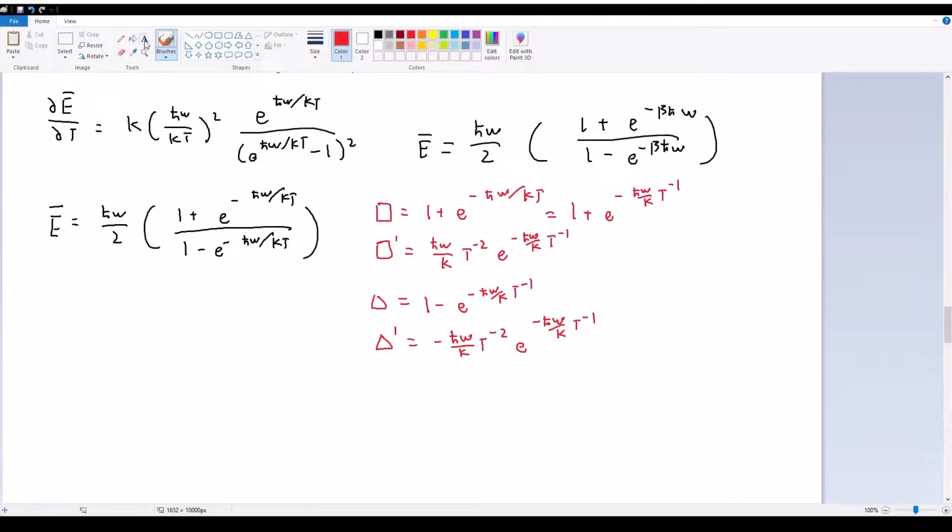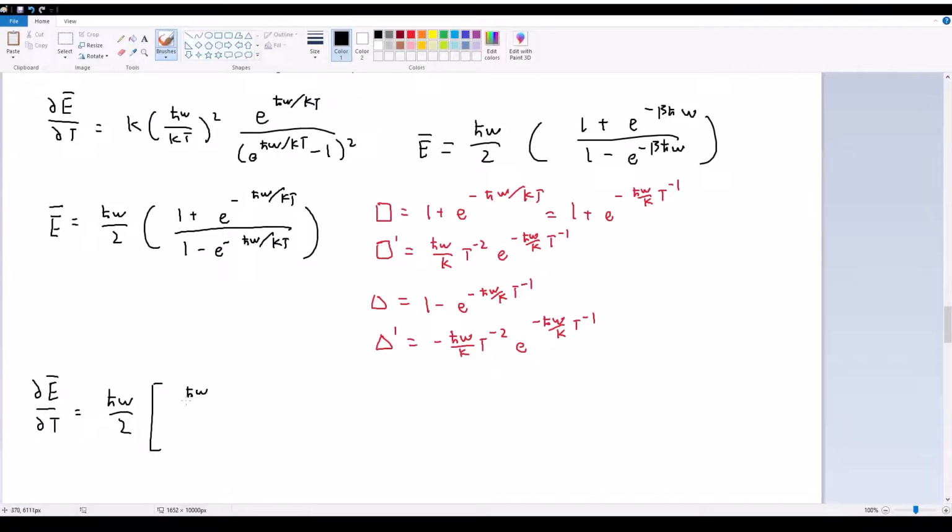Okay, now let's write this out fully. So the partial of E with respect to temperature is going to be h bar omega over 2 multiplied by box prime times triangle.